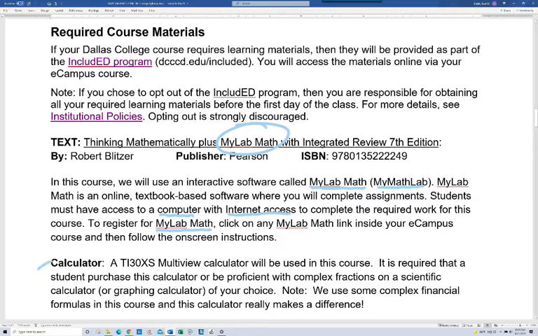All right, one of the things that's not included, really the only other thing other than just basic materials, is a calculator.